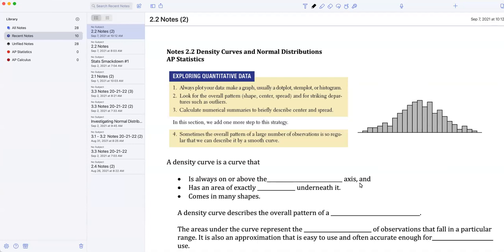Okay, so we have what is called a density curve. And a density curve has certain properties.